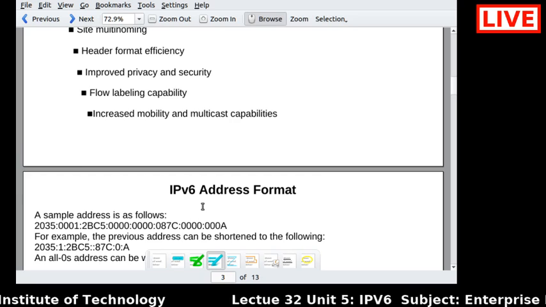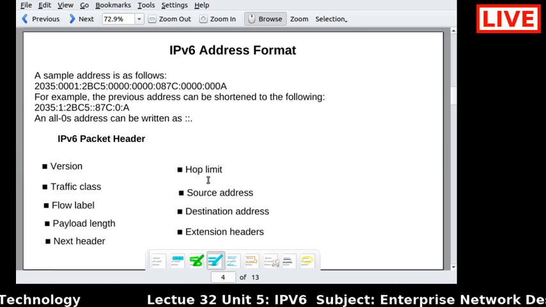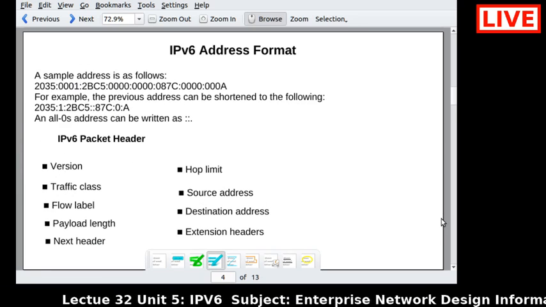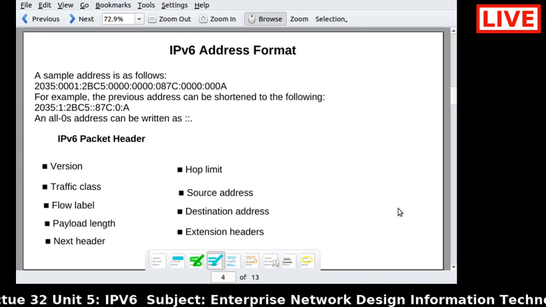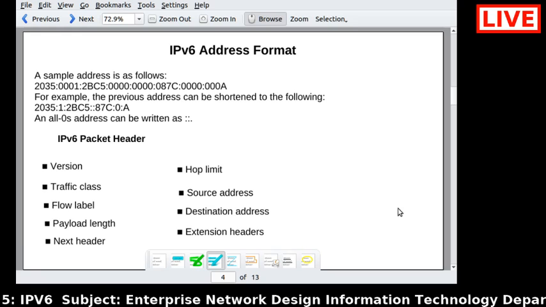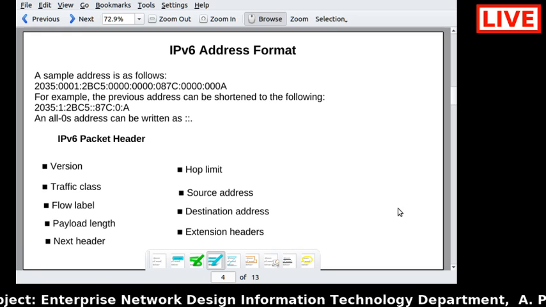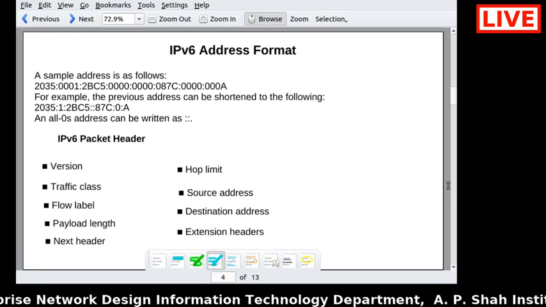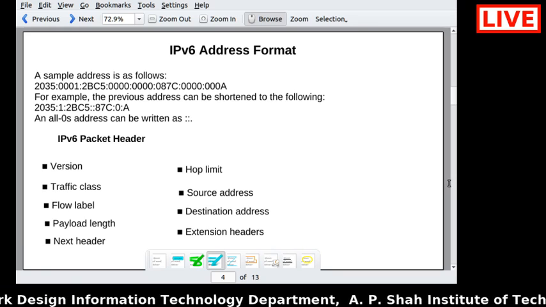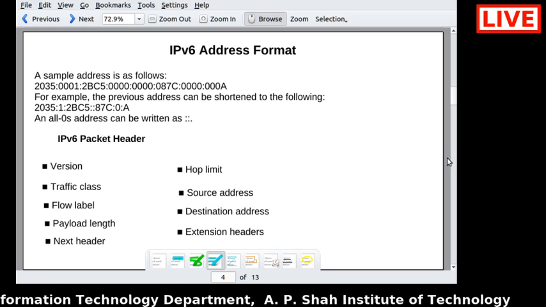Then we will see what the IPv6 header format looks like, right? You know that IPv6 addresses are written in hexadecimal numbers only. A hexadecimal digit is 16 bits, right?